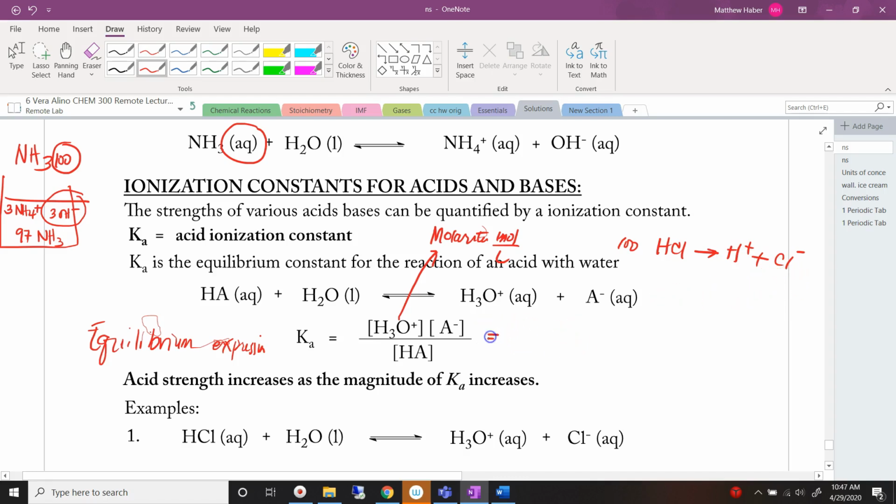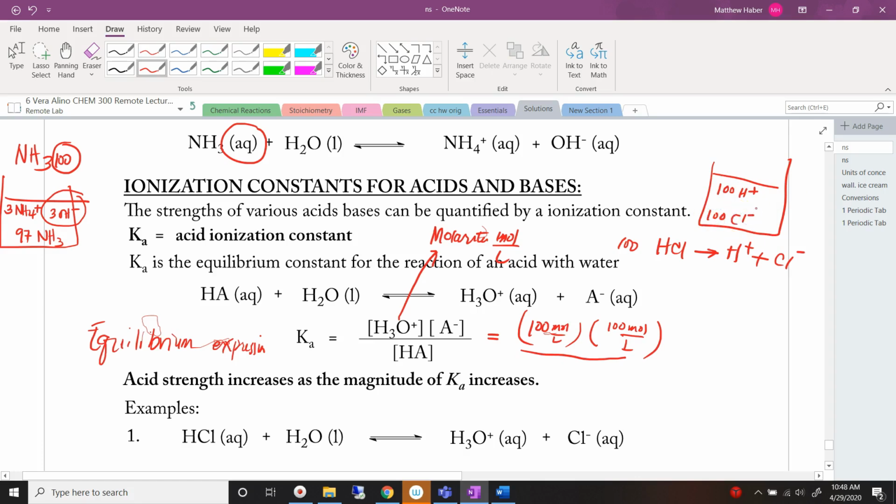If we calculate the Ka value for HCl, that would be 100 moles per liter, or molarity, times the concentration of your chloride, which is also 100 moles per liter, divided by the concentration of HA, the acid, in the solution. Remember, when you drop 100 molecules of HCl, all of them turn into ions.